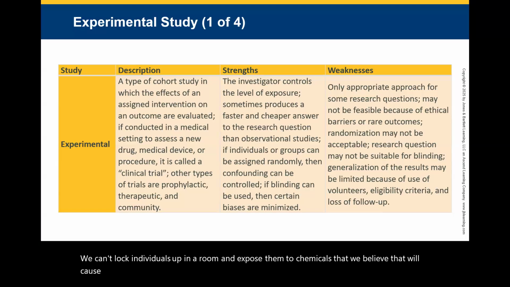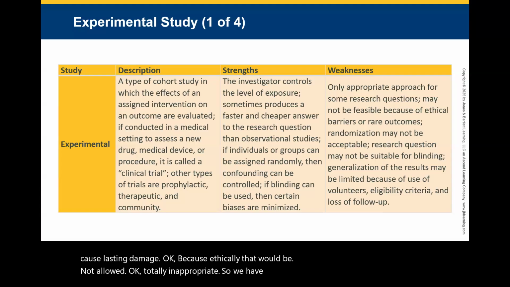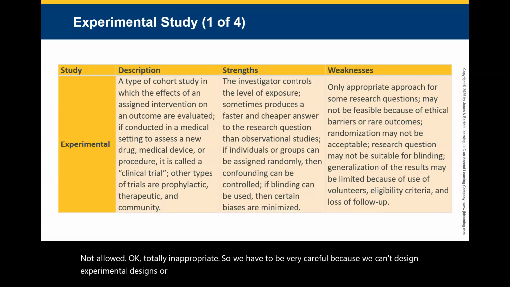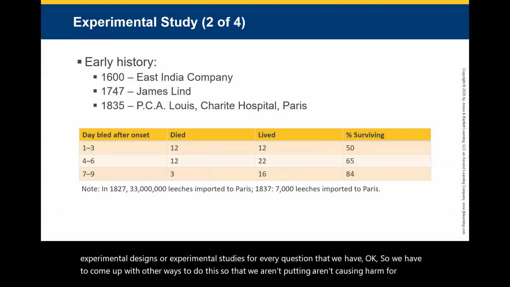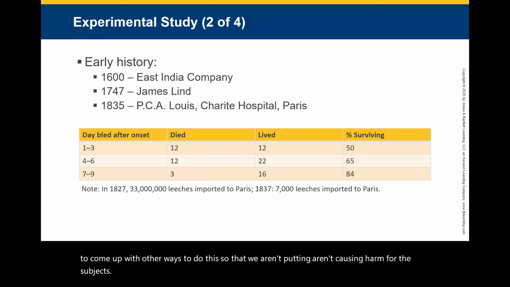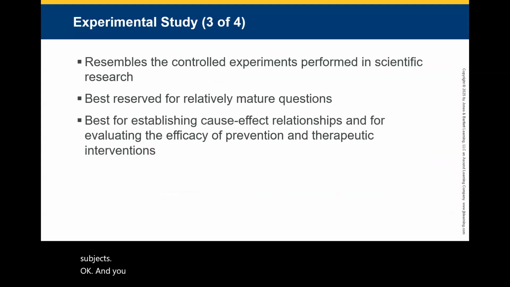Ethically that would be totally inappropriate. So we have to be very careful because we can't design experimental studies for every question that we have. We have to come up with other ways to do this so that we aren't causing harm for the subjects. You can read these examples from the textbook.